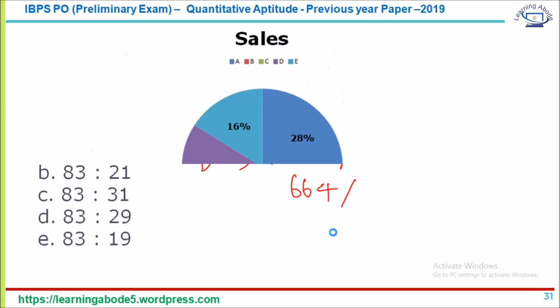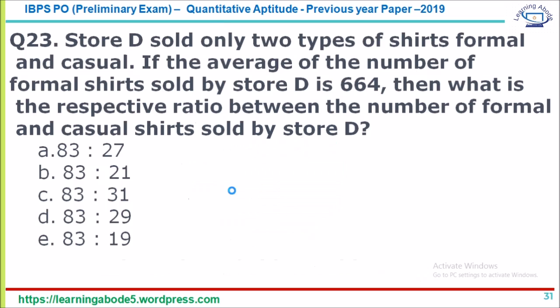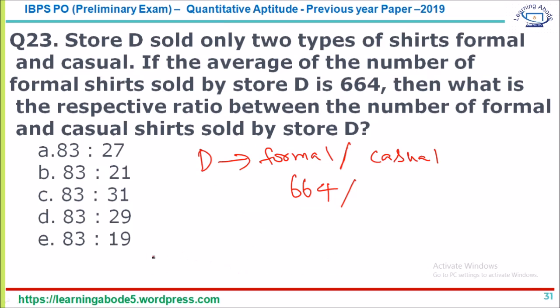Now which is store D? This is store D, 32%. So 32% of 2800 is the number that we want, which is 896.